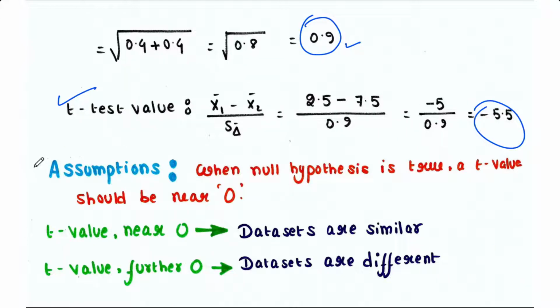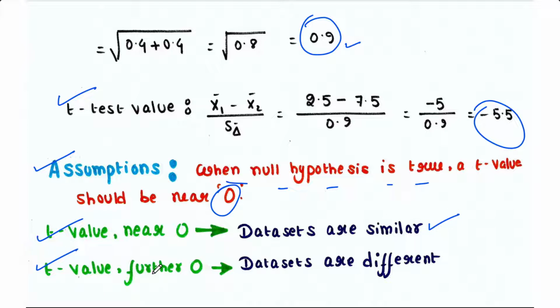Now let's conclude our findings. So when the null hypothesis is true, a t-value should be near 0 and less liable to extend further from 0. T-values near 0 indicate more similarity between the two data sets, that is, the data sets are similar.